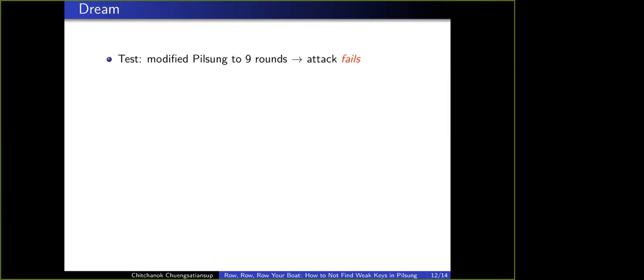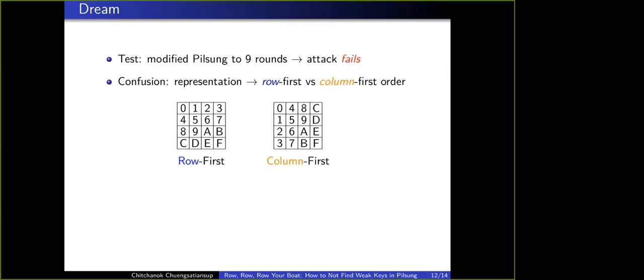We tried to investigate what went wrong, and we noticed that there was a confusion between representations. In the Pilsung code, it uses 2 representations for the internal state. The first one is in vector format for 16 bytes, and the other one is in the form of a 2-dimensional array. And these 2 representations are changed within the implementation.